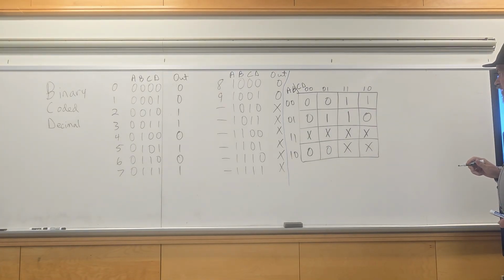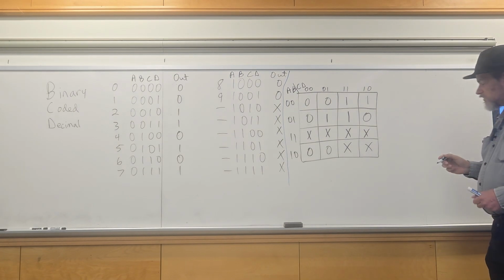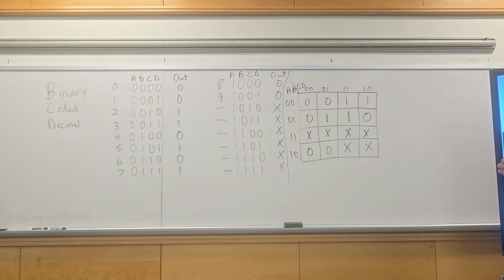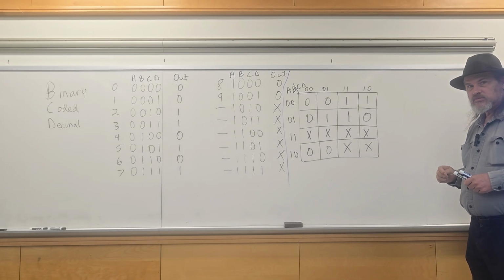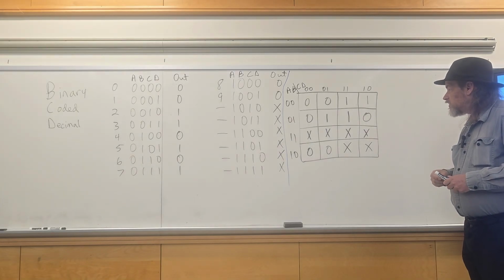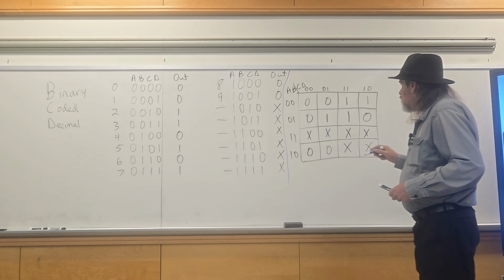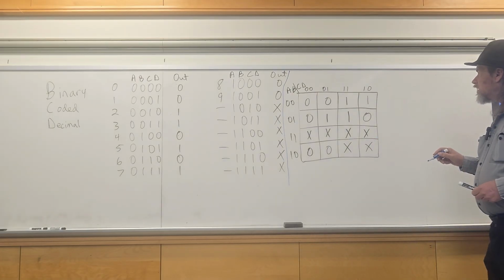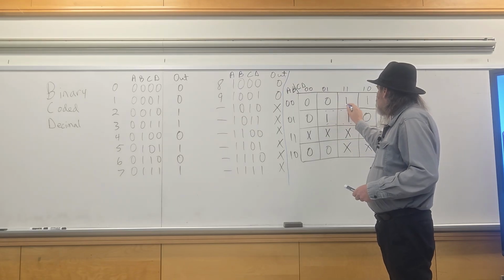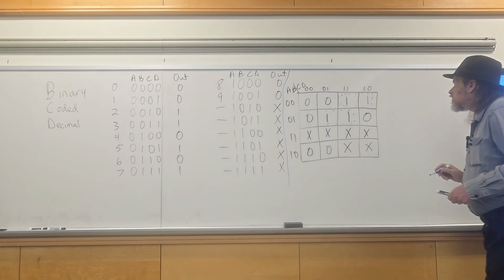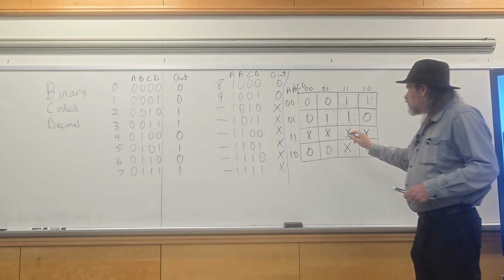So the groups that you create can have X's in them or ones. And you could easily do the two groups like here, this group and this group. But those are going to have 3 terms each.